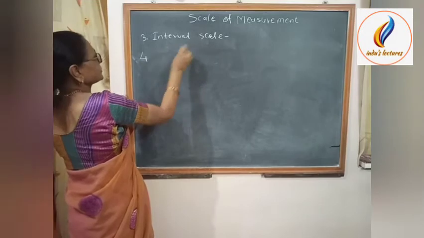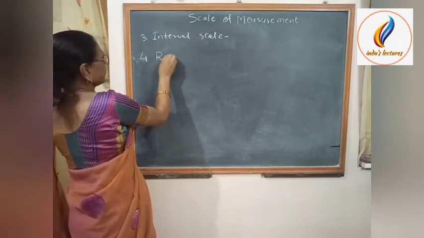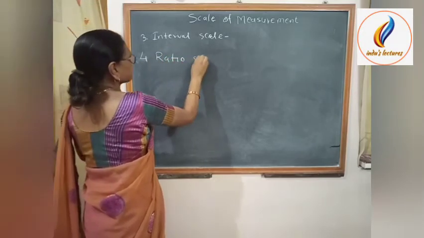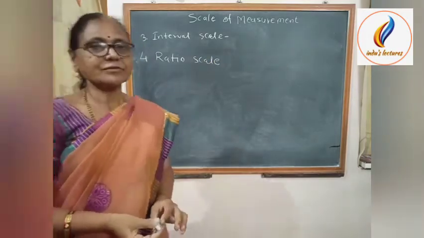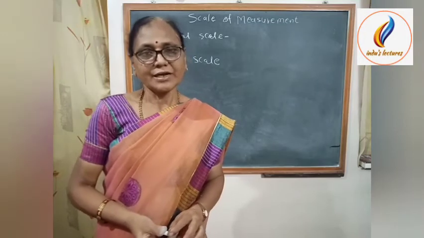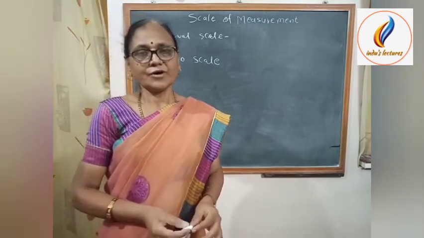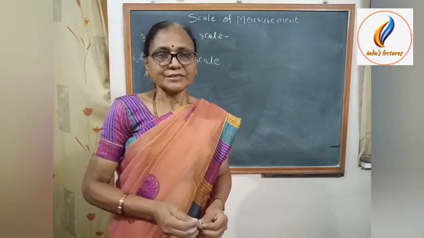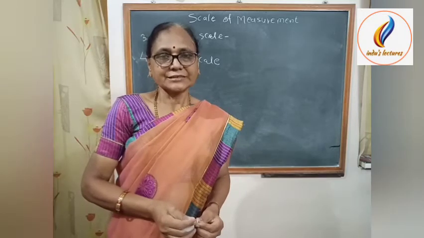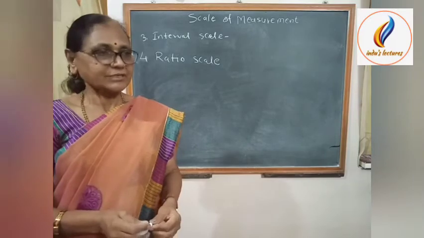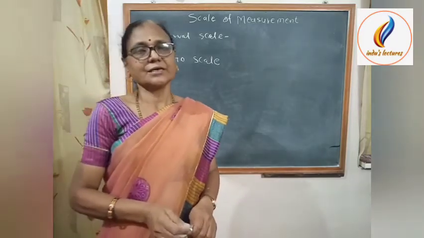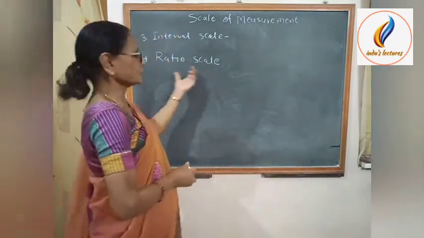The fourth type of scale of measurement is ratio scale. The ratio scale has equal units of measurement and a true zero. For example, measurements in basic sciences like height, weight, distance are all examples of ratio scale.